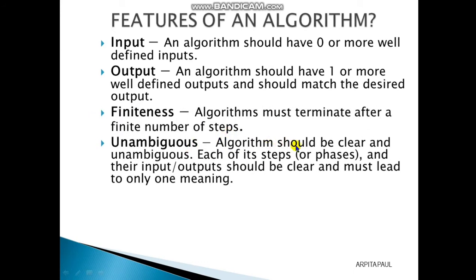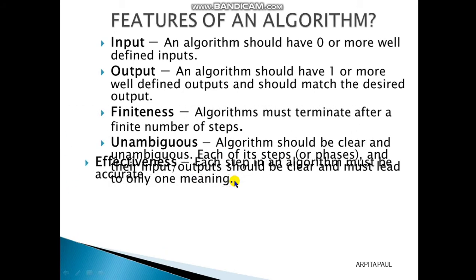Next one is unambiguous. An algorithm should be clear and unambiguous. Each of its steps or phrases and their input or output should be clear and must lead to only one meaning. There will be no confusion, and it shouldn't be complex.